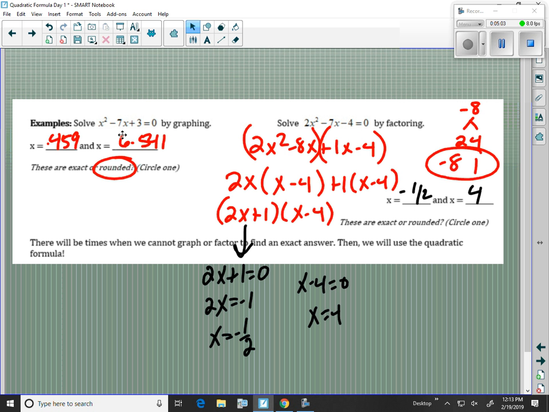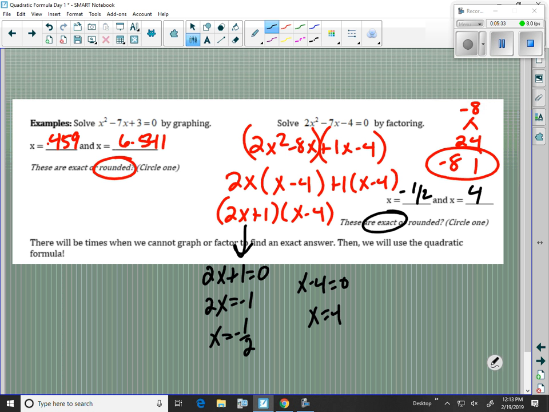Okay, now were these exact or were they rounded? These are exact. Okay, so what I want you to notice is that factoring can only give us exact answers. Graphing can give us anything.